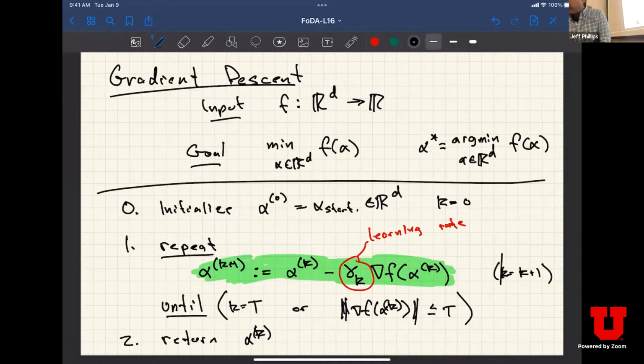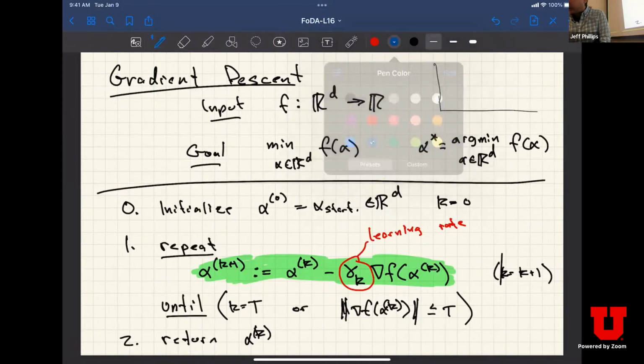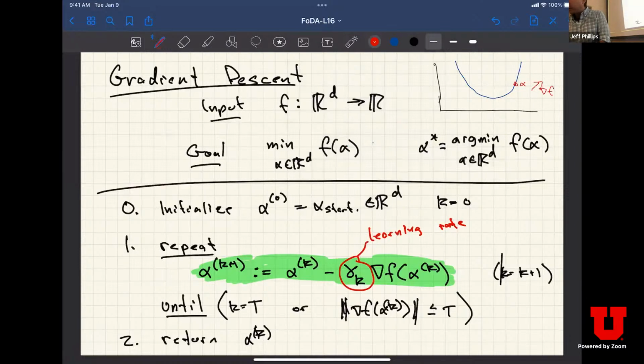If you remember from calculus, if I have a function, if this is my function f, and if I'm up here, the gradient might be large, but if I'm, say, here, let's say this is alpha 0, and this is alpha 2, after 2 more steps, the gradient at this point is going to be more flat, right?